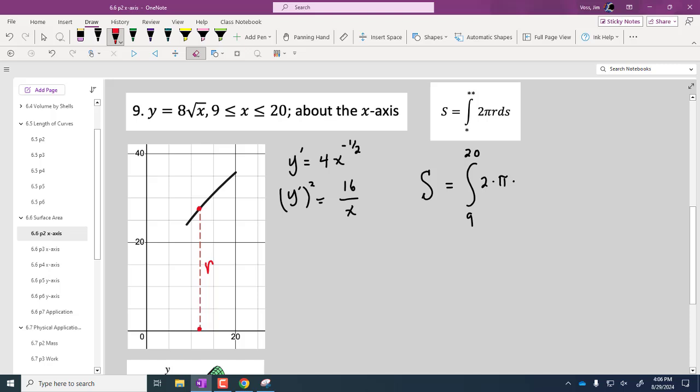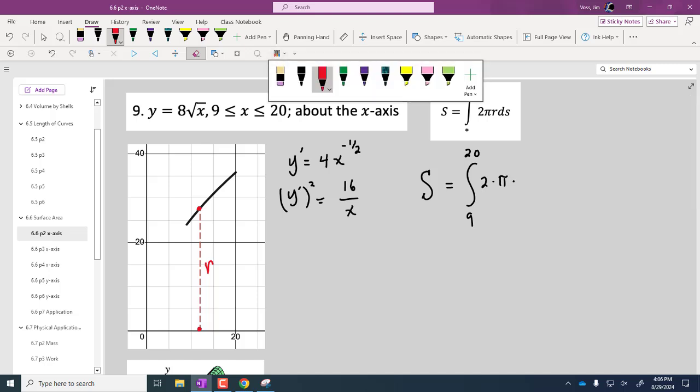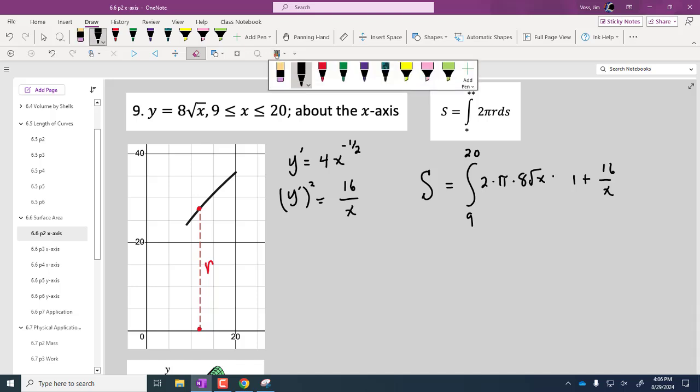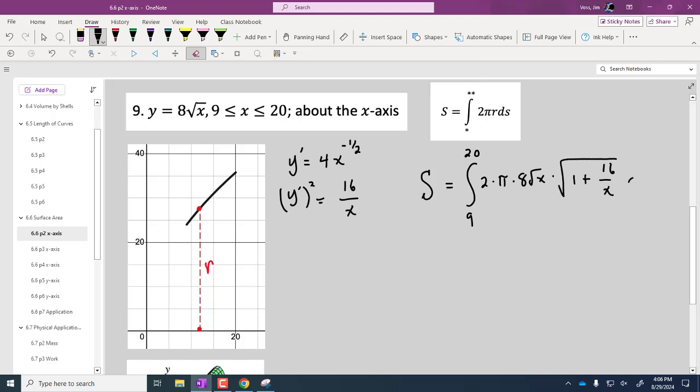That's the job of the function. It tells you how far you are from the x-axis. So it's going to be 2 pi times the function, 8 root x. Now we have the ds piece, which we just spent a whole chapter doing. That's going to be the square root of 1 plus the derivative squared. So that is what our setup looks like, and then a dx.